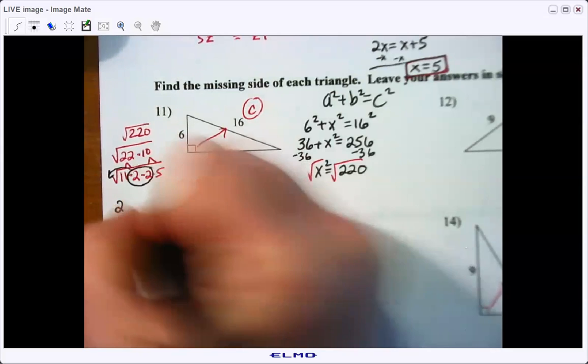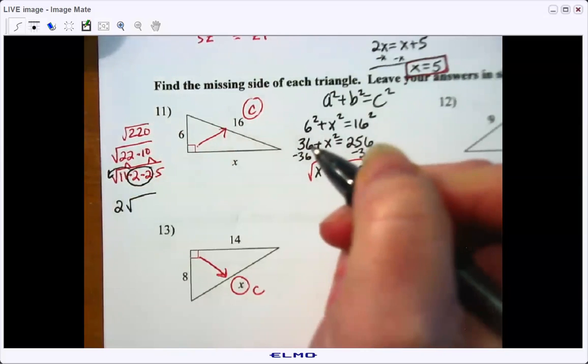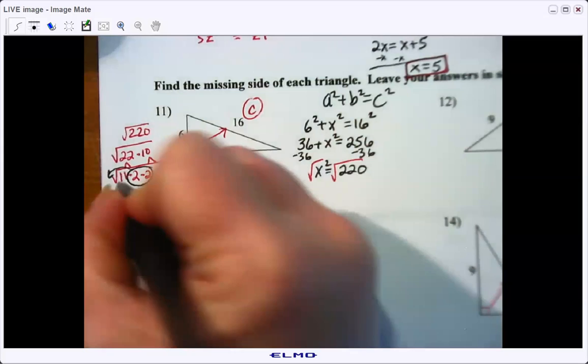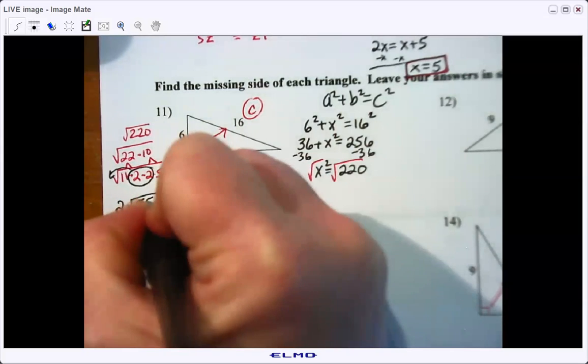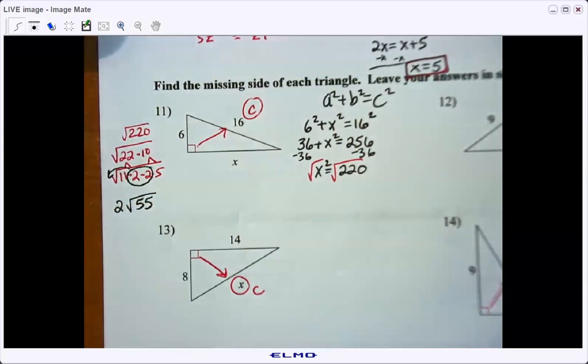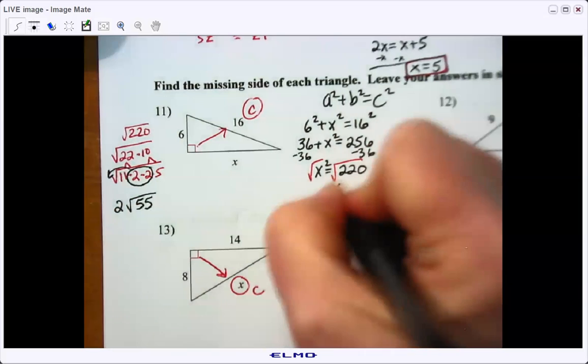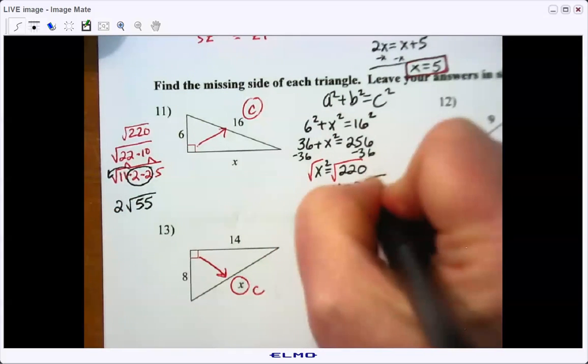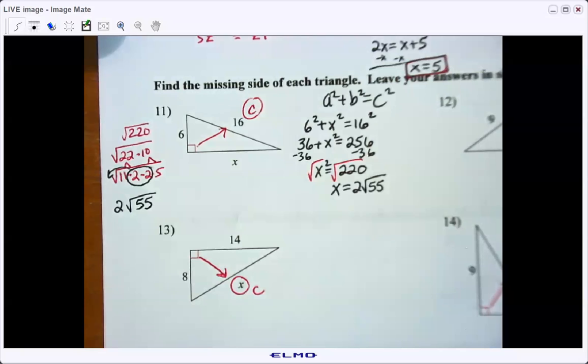So the 2 on the outside and my leftovers go back inside and multiply them together, and I have 55. So that becomes my answer. X is equal to 2 root 55. If it's multiple choice, you will not see a root 220 because that is not simplified. Questions on that?